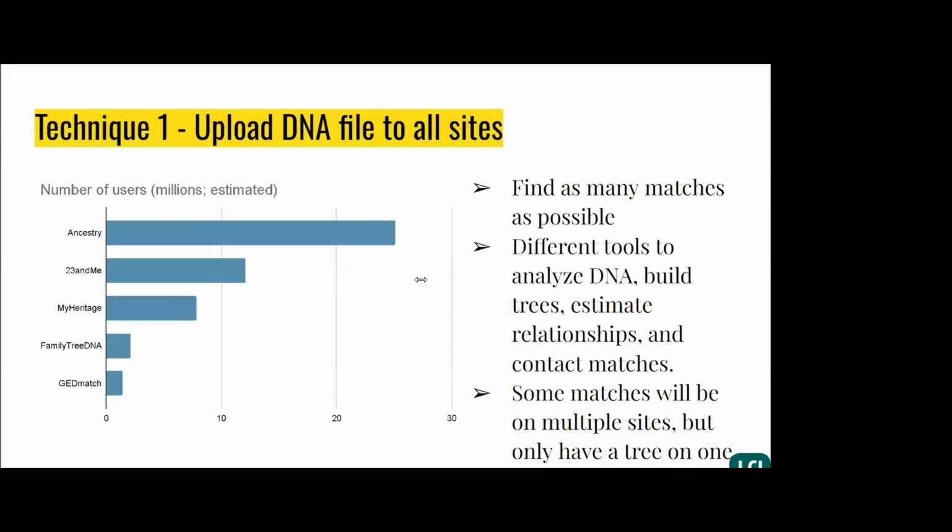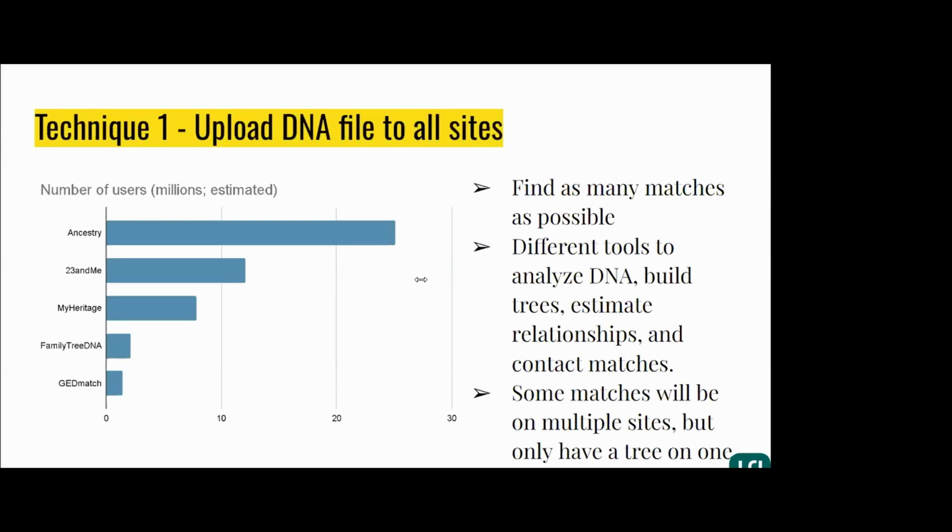I especially like Family Tree DNA and GEDmatch because they provide people's email addresses to contact matches rather than an internal messaging system. I do find that if you have someone's email address, you're a little more likely to get a response.